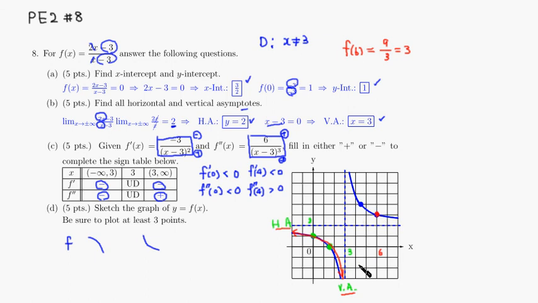Then I wanted another point, and I picked 4.5, so f of 4.5, which came out to be a fairly nice number. 4.5 times 2 is 9, minus 3 is 6, divided by 4.5 minus 3, which is 1.5, which gives you 4.